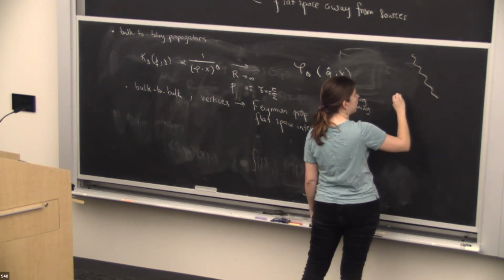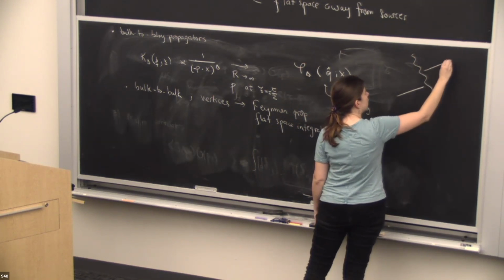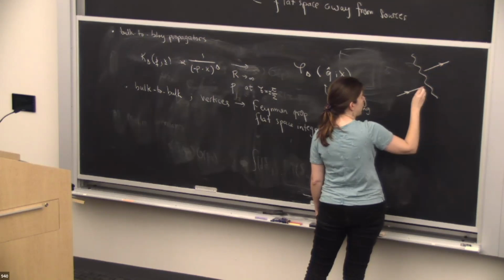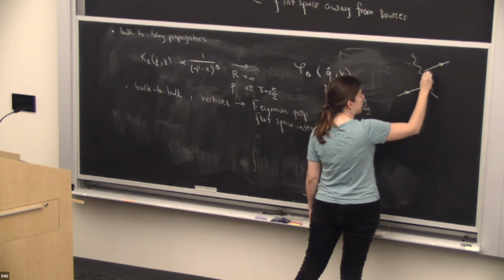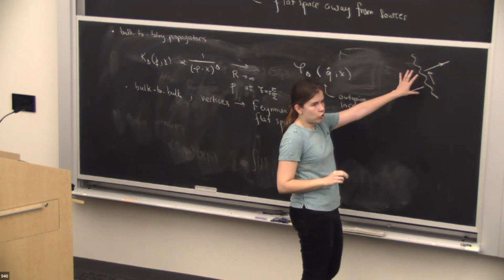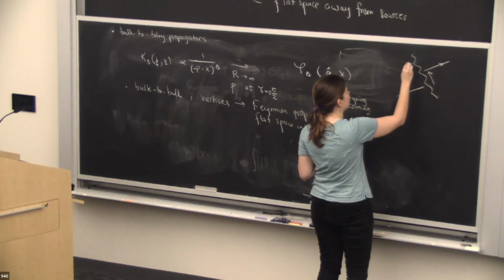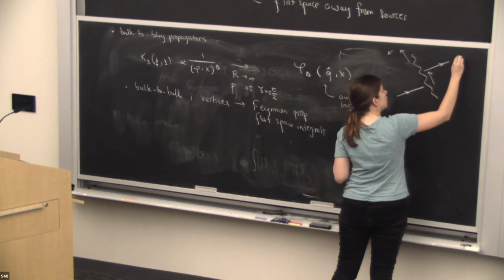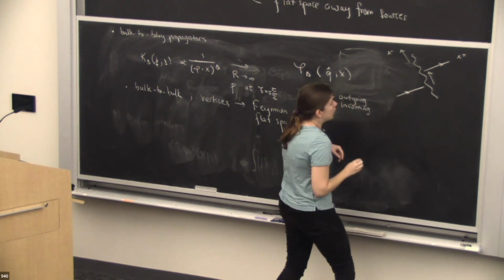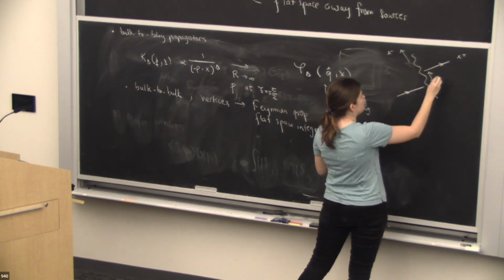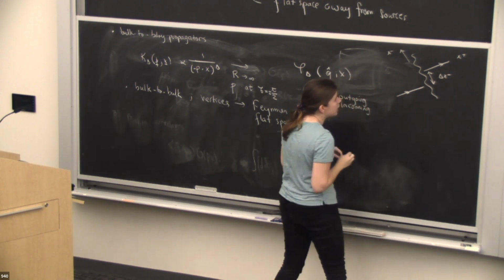So say you have some shock and you have some particle. It's known that as it crosses the shock, it's going to acquire some phase shift, so this is x minus, this is x plus. So there's going to be some delta x minus here.